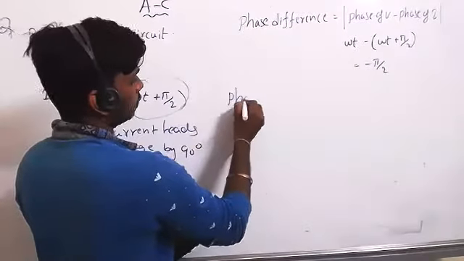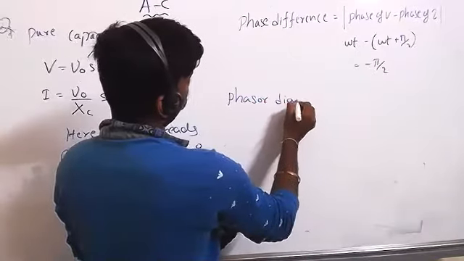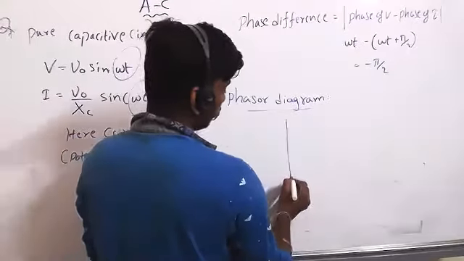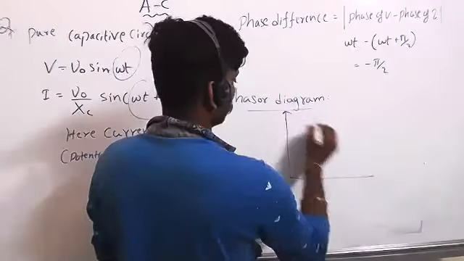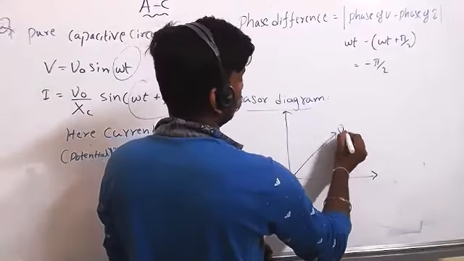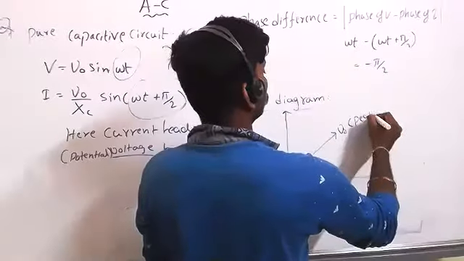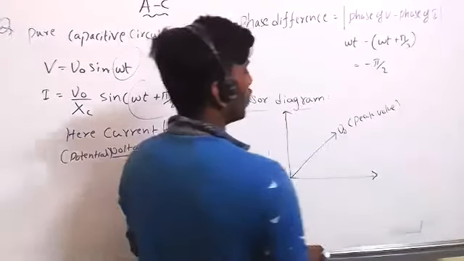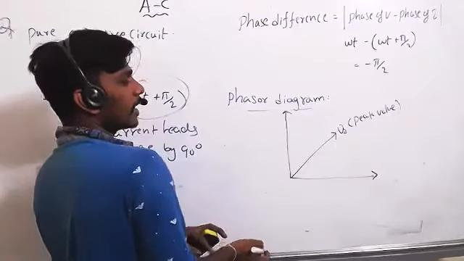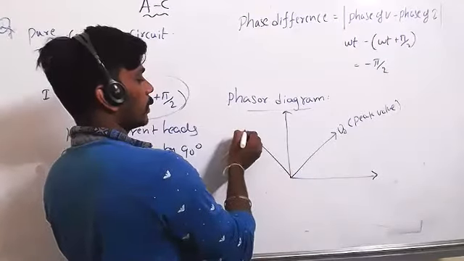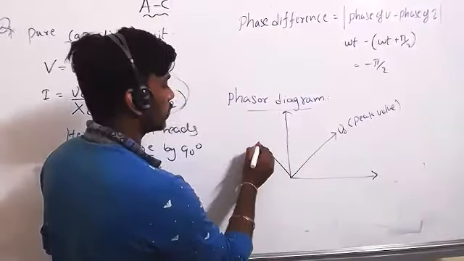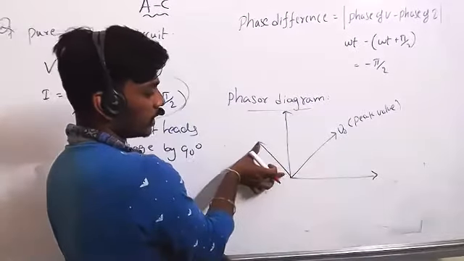Phasor diagram. If we take it, this is V naught, the peak value of voltage. Now we have to take I. Current should be a little down because voltage is more, current should be less.